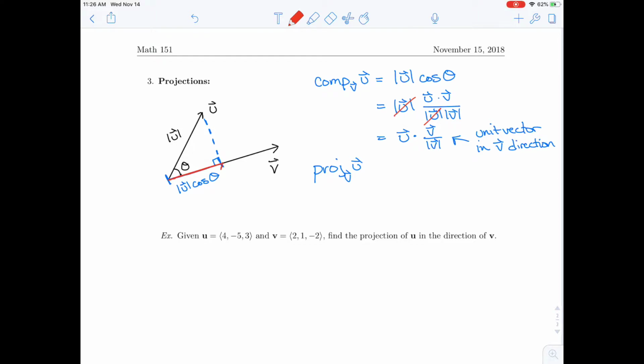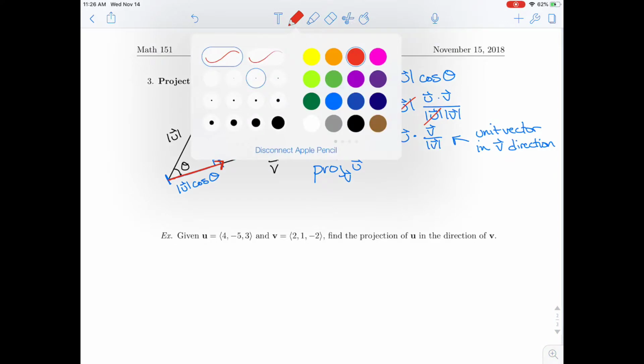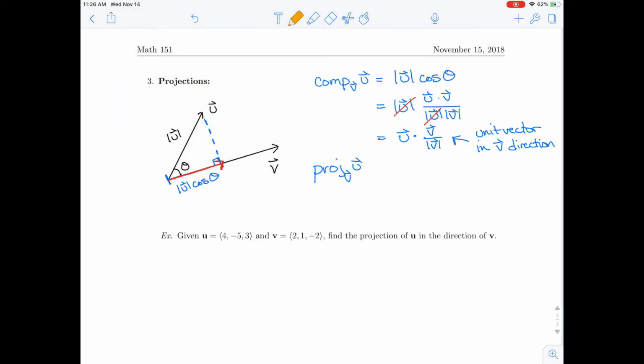This first vector in red is the part of u that's in the v direction, and this second vector in orange is the part of u that is not in the v direction. And the sum of the red vector and the orange vector would give you then u.